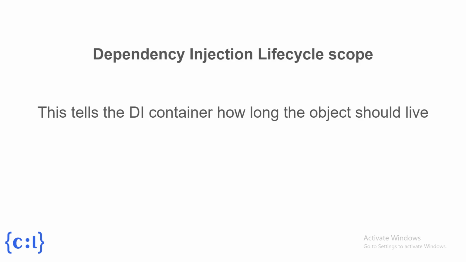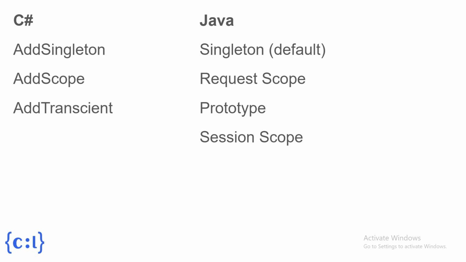Next, we're going to be talking about the dependency injection lifecycle scope. This tells the DI container, which is the dependency injection container, how long the object should live. So for the lifecycle scope, in C# we have AddSingleton, AddScoped, and AddTransient, while in Java we have singleton, request scope, prototype, and session scope.